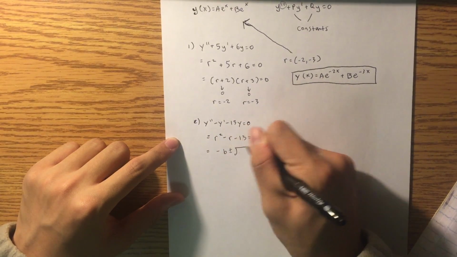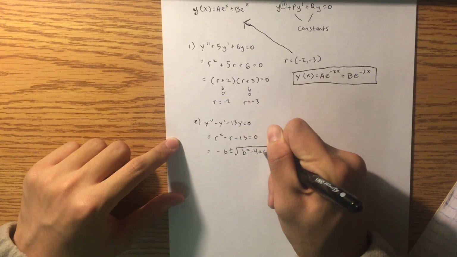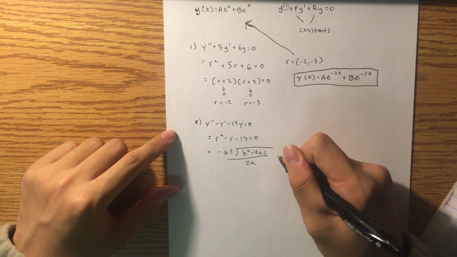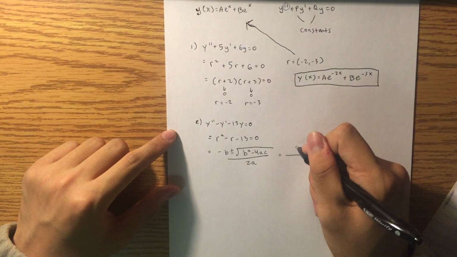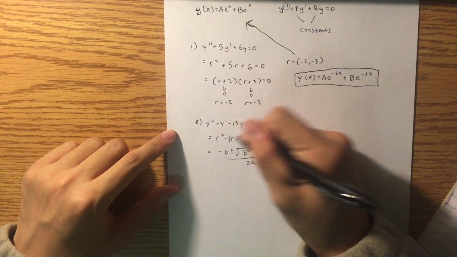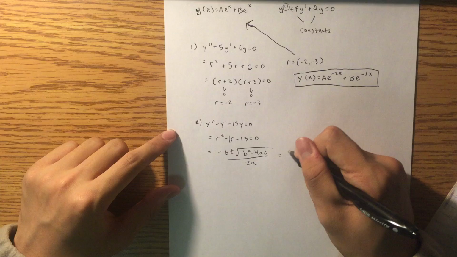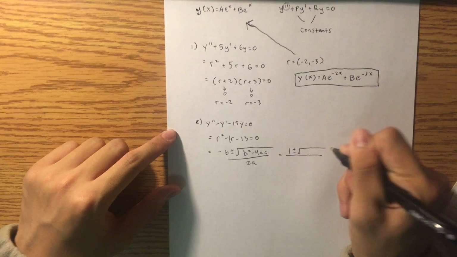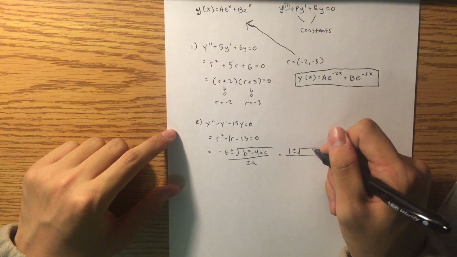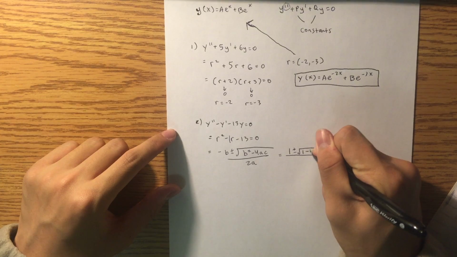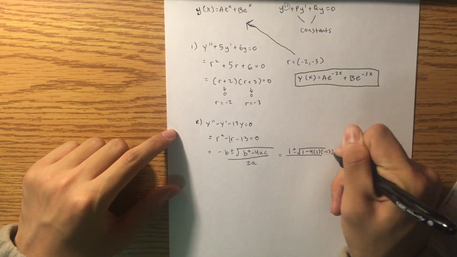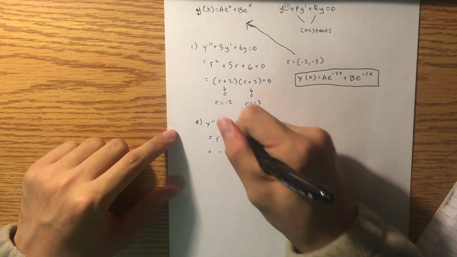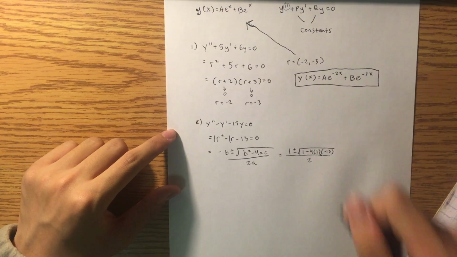Negative b plus or minus the square root of b squared minus 4ac, over 2a, right? Now, so plug it in. b is -1, right? There's a -1 here. So negative of b, negative negative gets positive 1, and plus or minus the square root of b squared, -1 squared is 1, minus 4 times 1 times 13, over 2 times 1, because a is just 1, it's just 2.